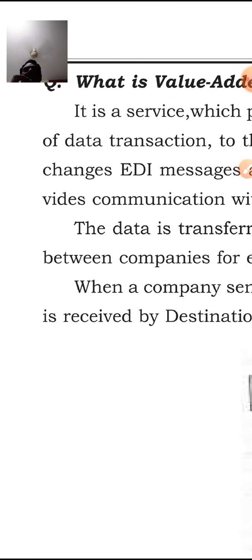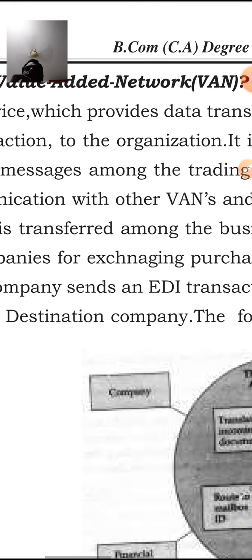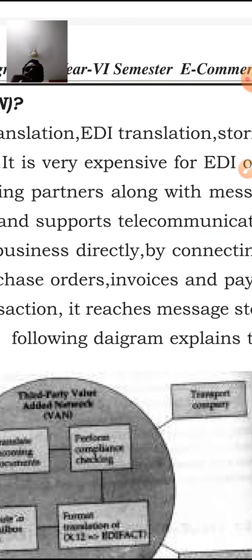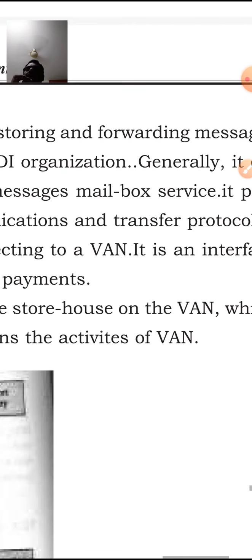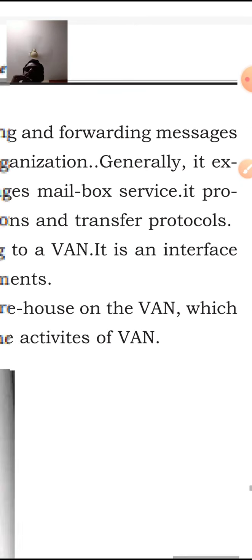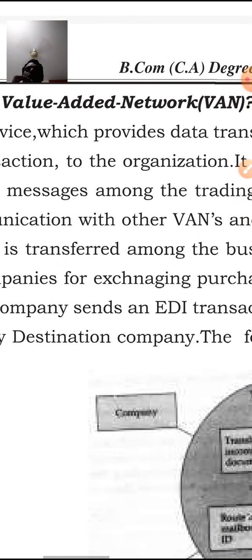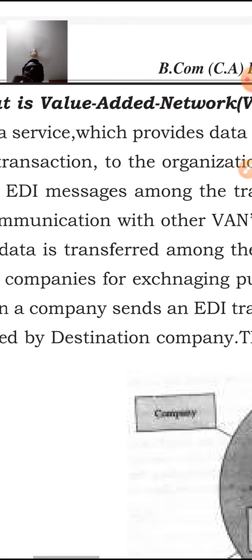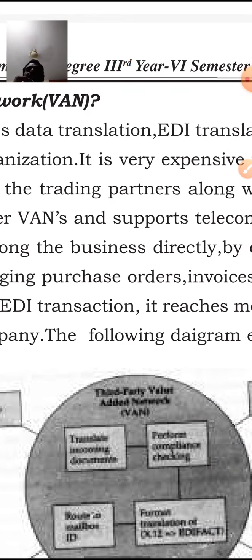It is a service, that means VAN is a service which provides data translation, EDI translation, and storing and forwarding of messages of data transactions to the organization. The value added network is mainly used for data translation, number one.